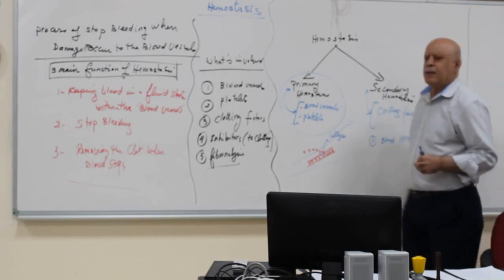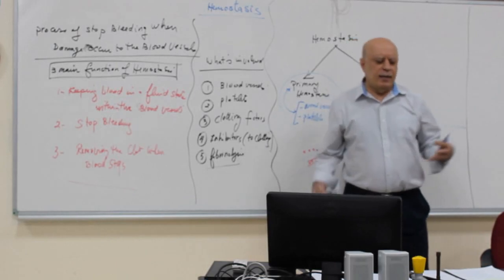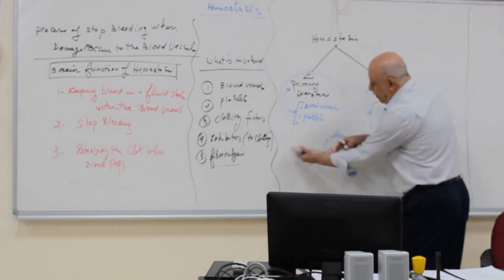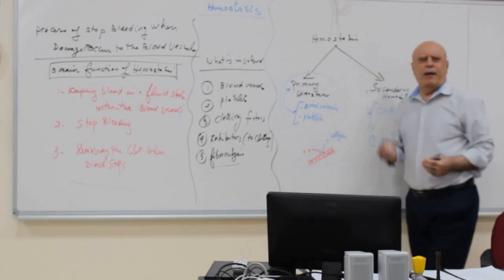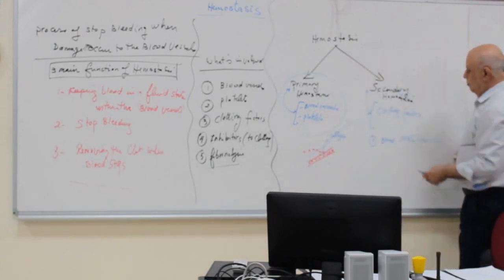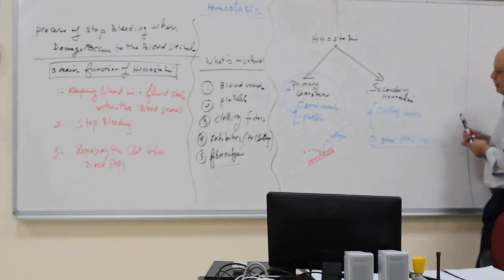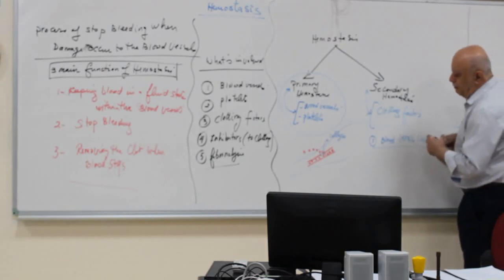As soon as we have a blood vessel cut, the blood vessel immediately constricts to limit the blood loss. How does the blood vessel constrict?